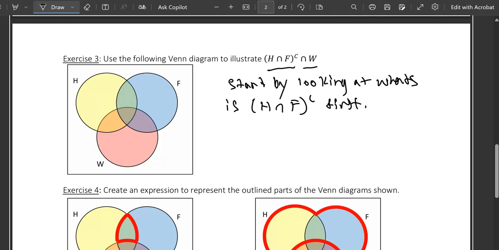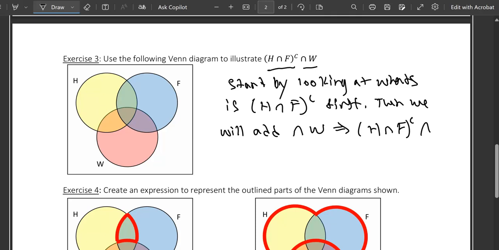Then we will add the intersection with W. So I'm just going to write intersection with W, such that, this little symbol here in mathematics is called such that, we get the whole thing we want, right? H intersect F complement intersect W. You can't look at the whole thing to do it. You got to start with little pieces.